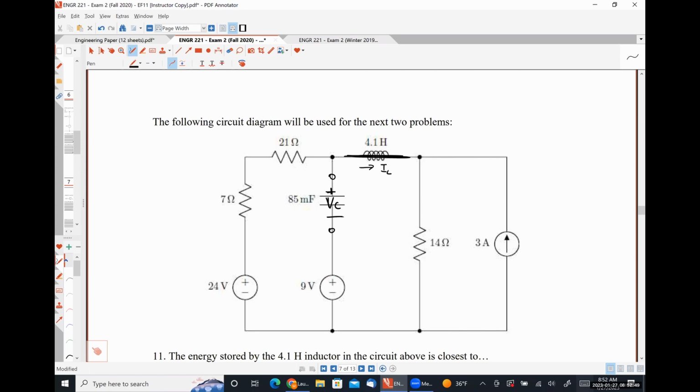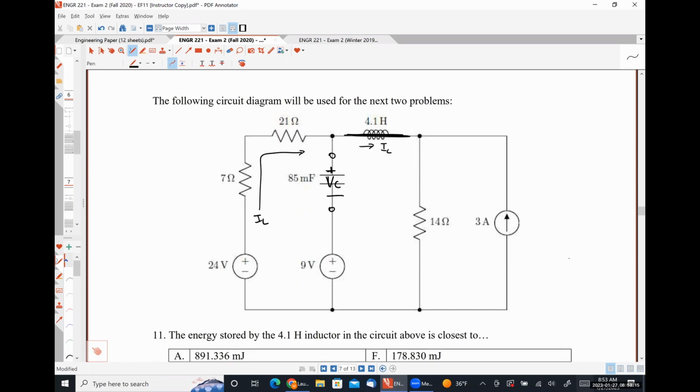Let me think about this. So you said you found IL, right? Okay. So I would argue that these two resistors are also carrying IL because they have to be. None of it can branch off and flow down through that middle left branch.